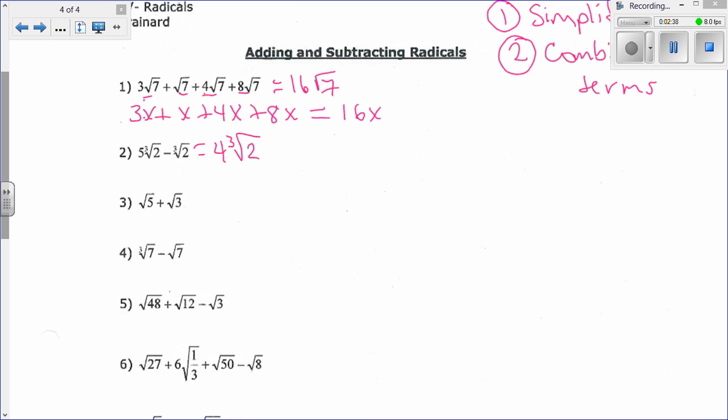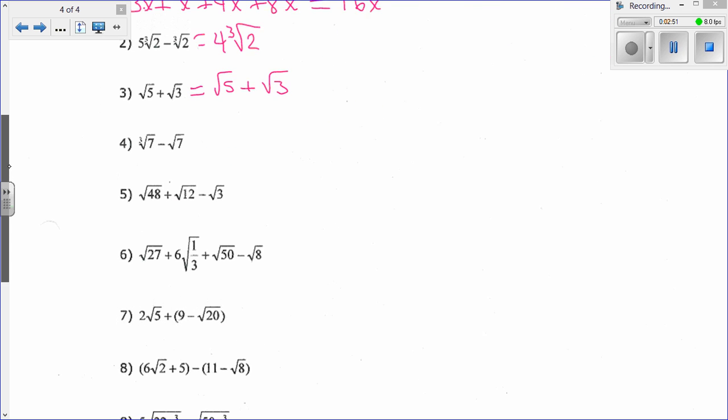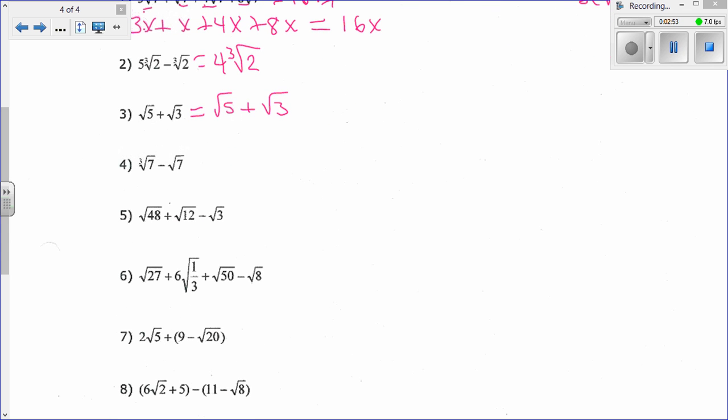For number 3, radical 5 and radical 3 are not like radicals, so it simply stays radical 5 plus radical 3. We cannot combine the terms. For number 4, I have the cube root of 7 minus the square root of 7. Since the roots are not the same, they do not get combined.